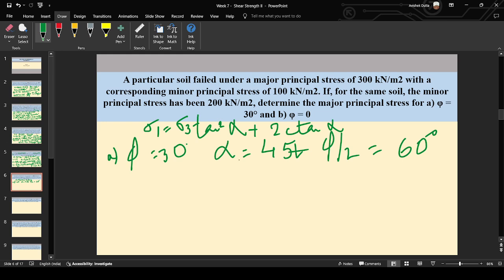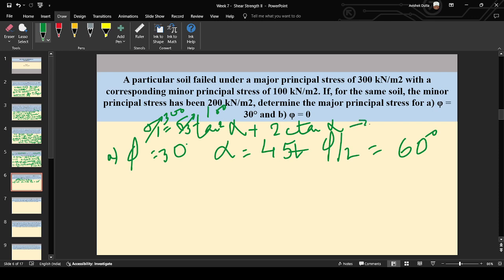Now putting all the values in the equation, sigma 1 is 300, sigma 3 is 100, alpha we have got.